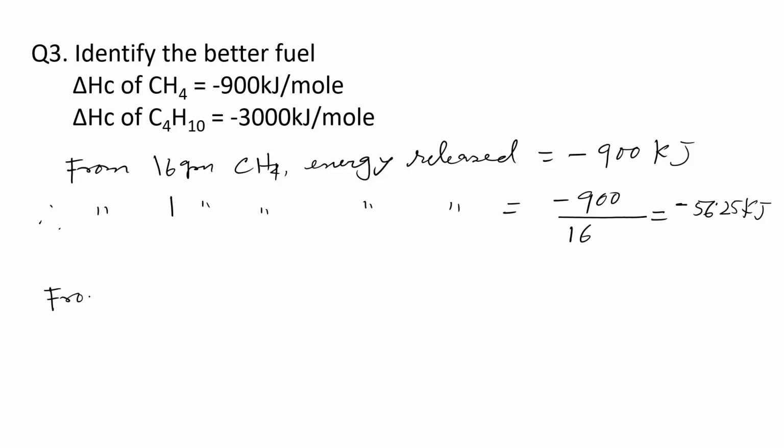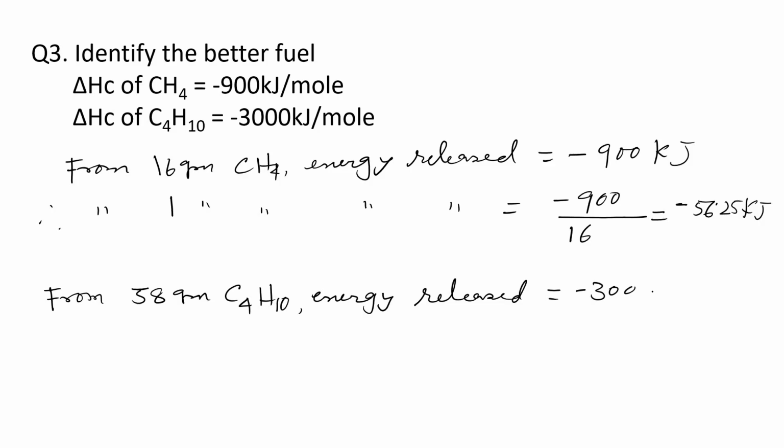Okay. Now next one, butane. How much is the molecular weight of butane? That is 48 plus 10, that means 58. From 58 gram butane, energy released is equal to how much? 3000 kilojoules.